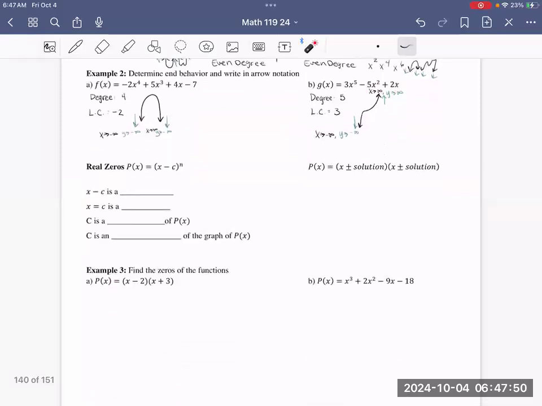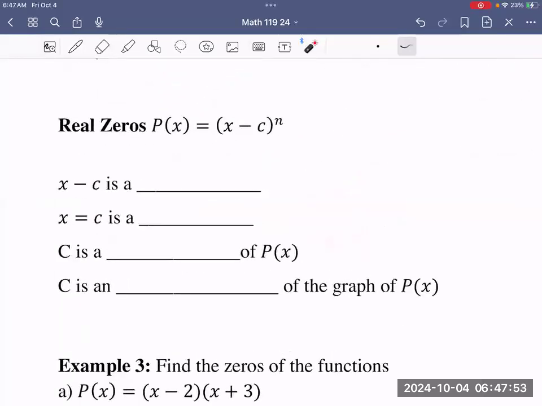Now, real zeros, right? Zeros are solutions, are x-intercepts of your graph. So what we do is when we have it in this nice factored form, x minus c is called a factor. Whereas once we actually set it equal to 0, right? We spent all that time in chapter 1.3 to say, hey, can you factor? And then in chapter 1.8, we said, hey, can you solve? When we solved, we finally got a solution.